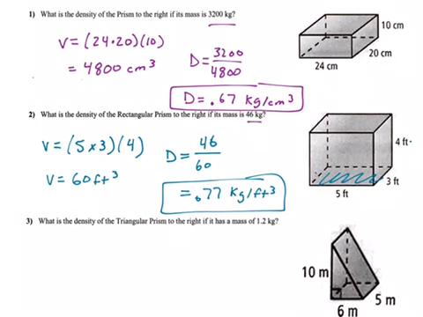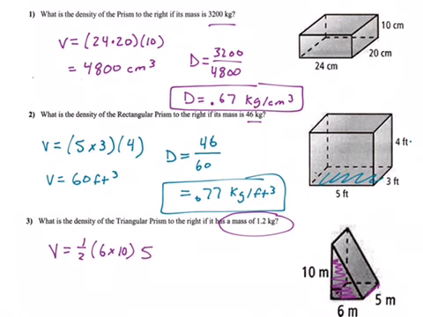Question 3, same idea. We're going to find the volume because they gave us the mass. To find the volume, we have to find the area of the base. The base there is a triangle, so that's 1/2 base of the triangle times height of the triangle, times the actual height of the prism, which in this case would be 5.